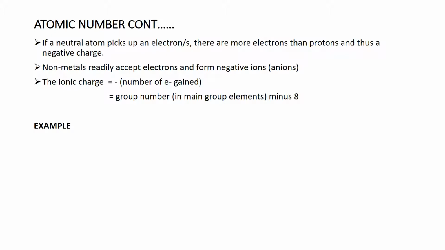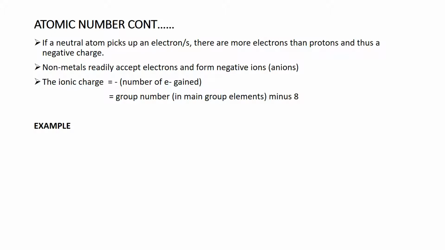The ionic charge is going to be equal to negative the number of electrons gained, which means that if an atom gains 2 electrons, its ionic charge is going to be negative 2. It's also equal to the group number minus 8. So from group 5 to 8, if you remember, the ionic charge is equal to group number minus 8.